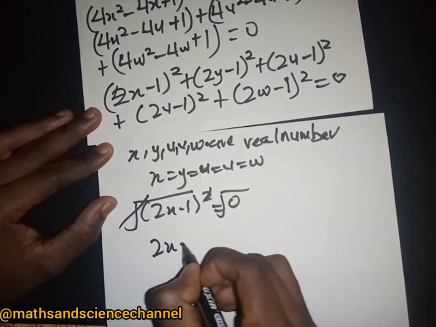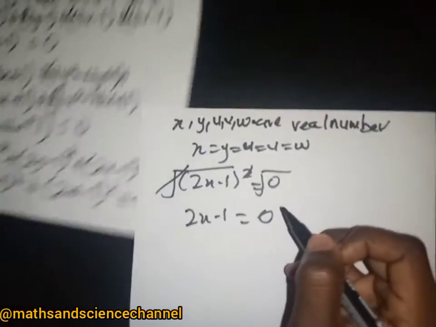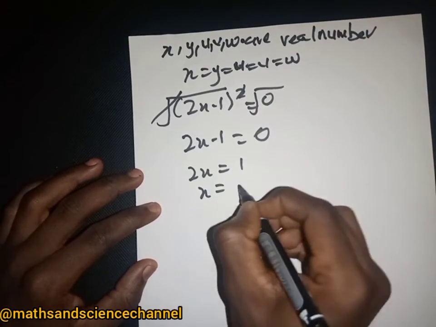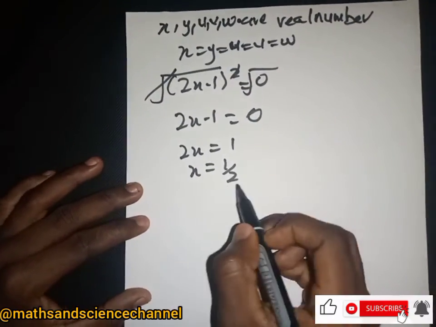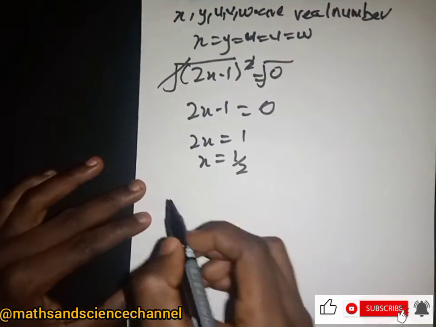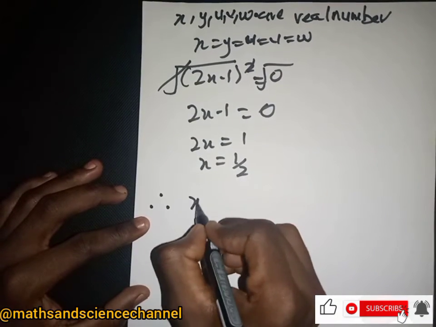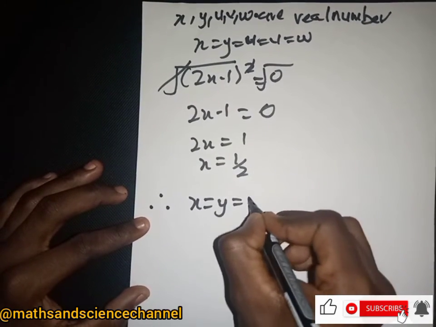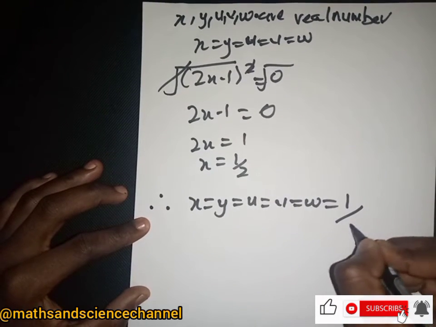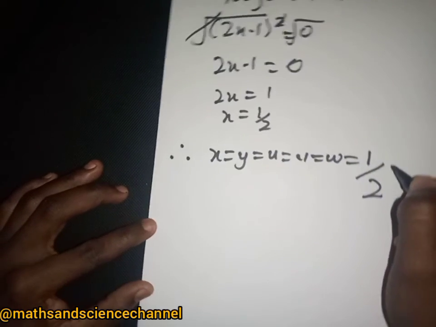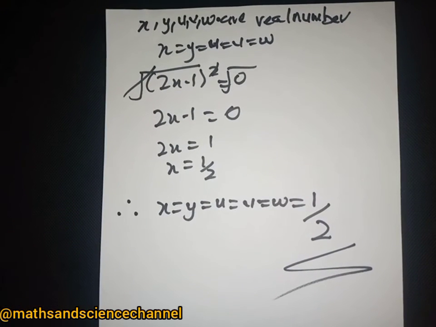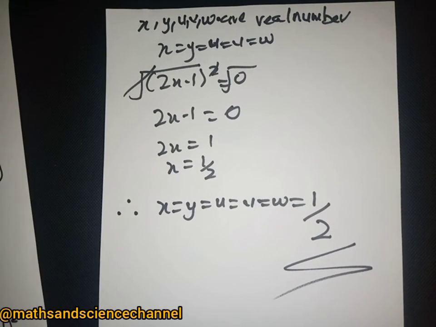Then we have 2x minus 1 being equal to 0, so 2x being equal to 1, then x is equal to 1 over 2. Since x, y, u, v, and w are real numbers and they are all equal, this implies that x equals y equals u equals v equals w. Everything here is equal to half. So therefore this is what we have for each one of the variables. Thank you very much for joining me in this section, and I will see you in another section.